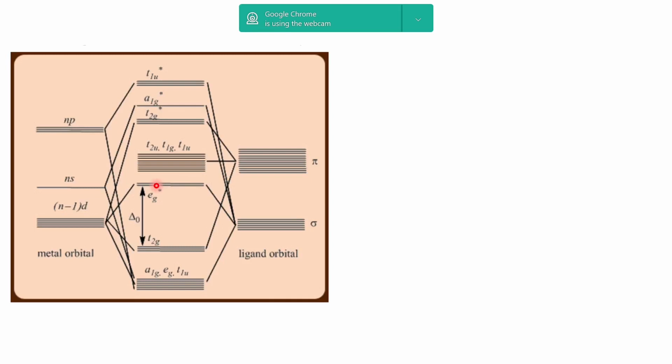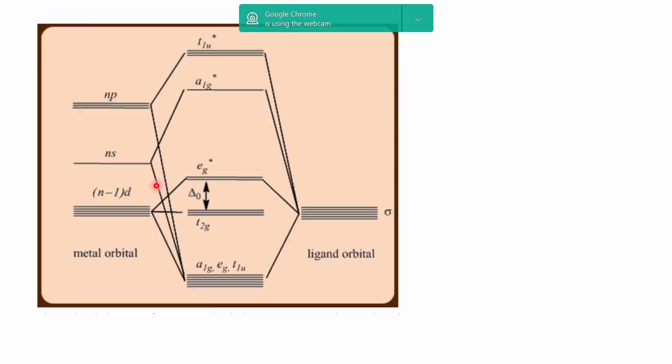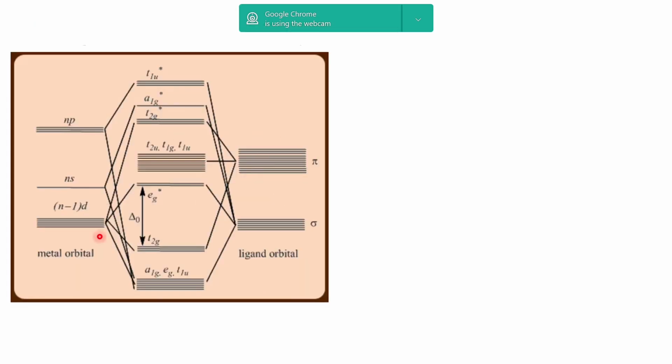So whenever we have some kind of intermediate ligands or strong field ligands, not carbon monoxide alone, sometimes maybe NH3, en alone, this kind of thing is happening. The Eg star is becoming more and more antibonding in nature, and when the antibonding nature increases, it does not like electrons coming here. So essentially the electrons will be only here.